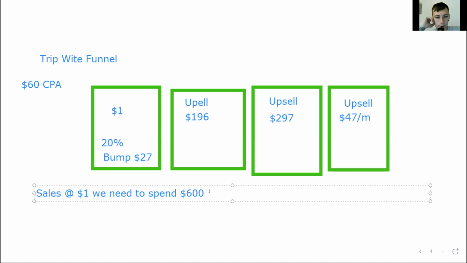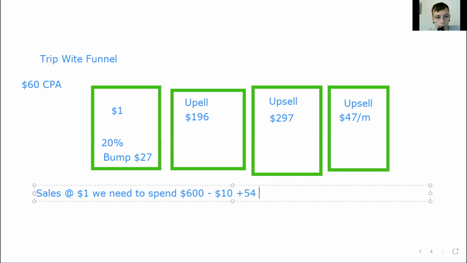So let's just say we're spending $600 to make $10 back. Like you would think you were crazy, okay? But then, out of those 10 $1 customers, you've got 2 people who paid 27 and got the order bump with it, which is 54.